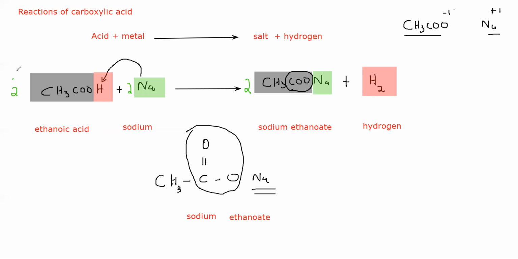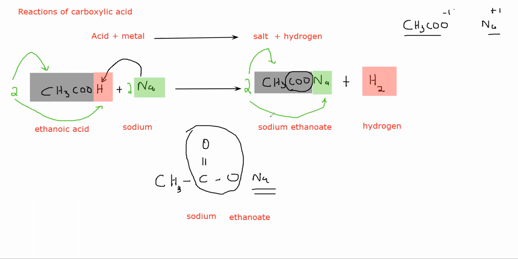So when I put 2 with this whole part, it is balanced. This 2 is with hydrogen. This hydrogen is also balanced. And you have 1 sodium. Sorry, this 2, the sodium is balanced. And hydrogen number is 2 on the left hand side, and hydrogen number is 2 on the right hand side. So it is balanced.